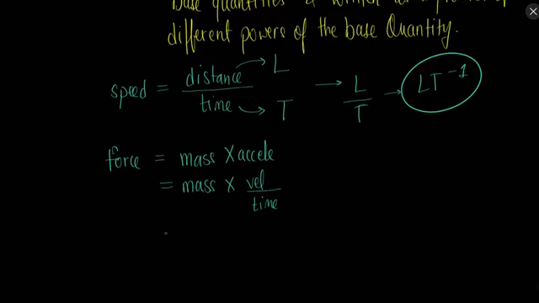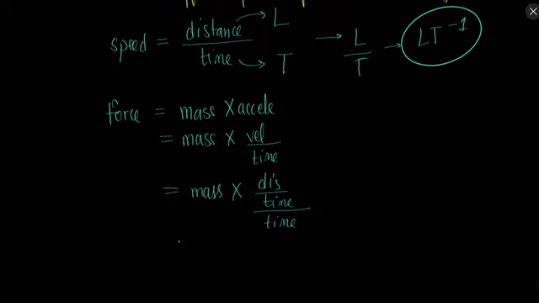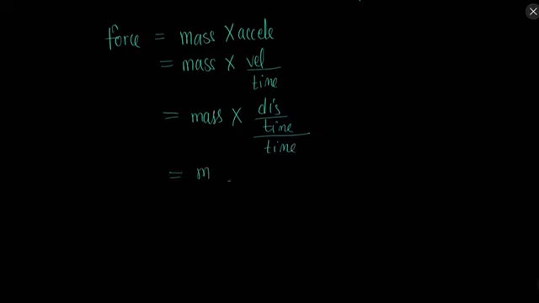Now velocity can be written like displacement, or you can write distance upon time. So in all it is like mass into distance or displacement upon time square.